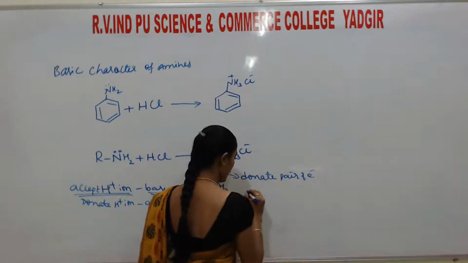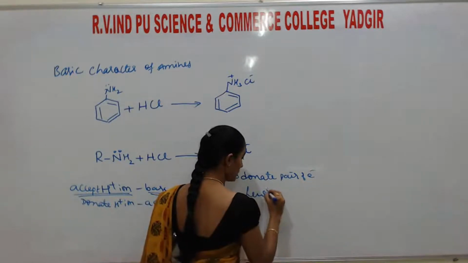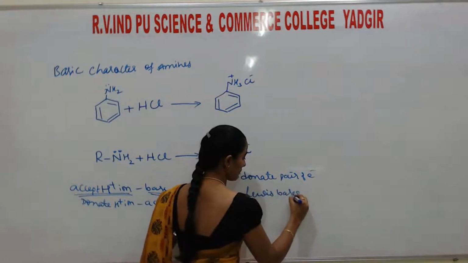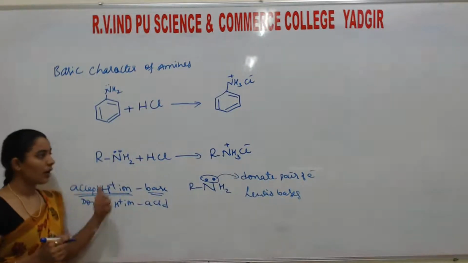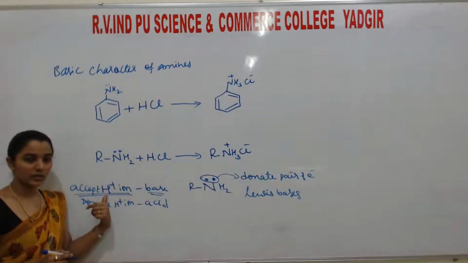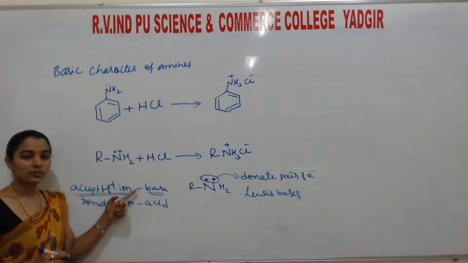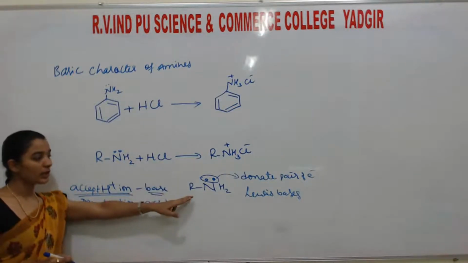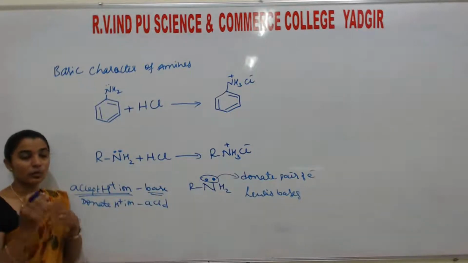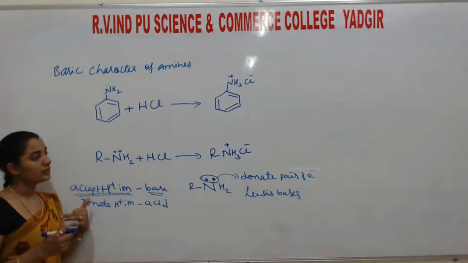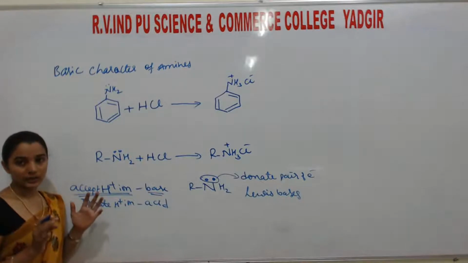That means they are Lewis bases. In both cases, by accepting H plus ion they act as a base, that is Bronsted base, and by donating a lone pair of electrons they act as a base, that is Lewis base.